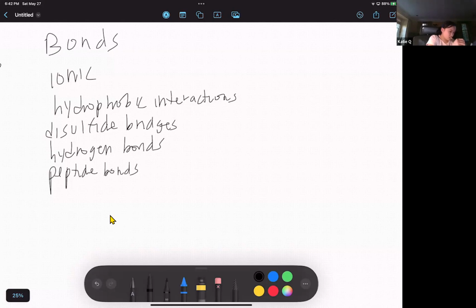Oh, hydrogen bonds are also in secondary because they are formed between the amino and carboxyl groups. So yeah, there you have it.